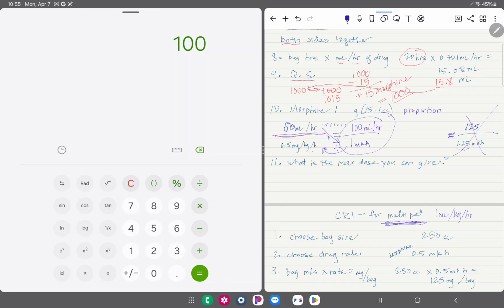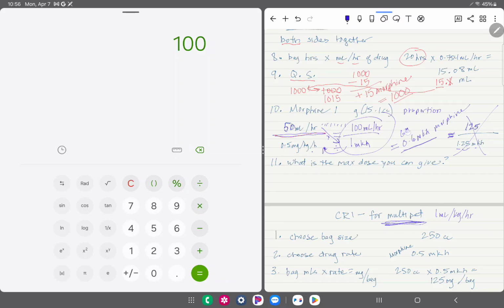Got it, done. But if you're going to write in your medical record, I turned him up to 60 mils per hour, which equals what rate, which with this math is pretty easy. It's actually 0.6 mg per kg per hour. So I turned him up to 60 mils, which is equivalent to 0.6 mg per kg per hour of morphine.